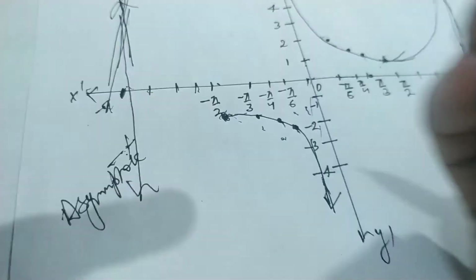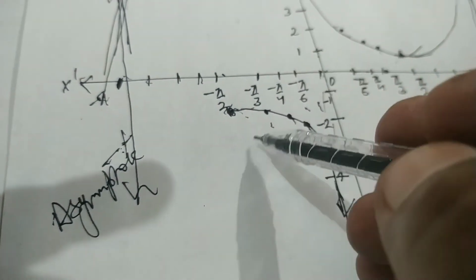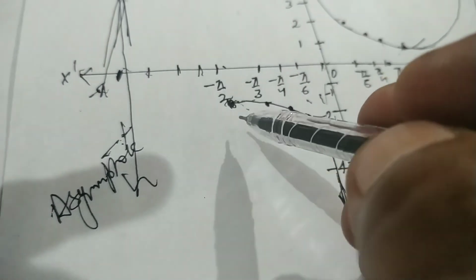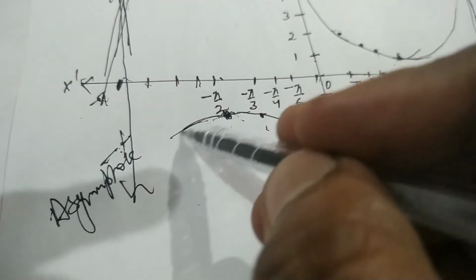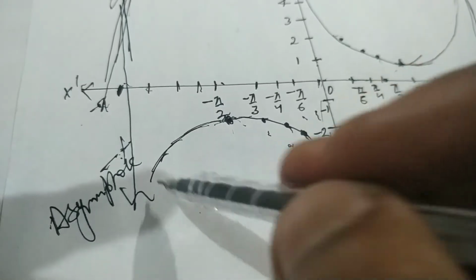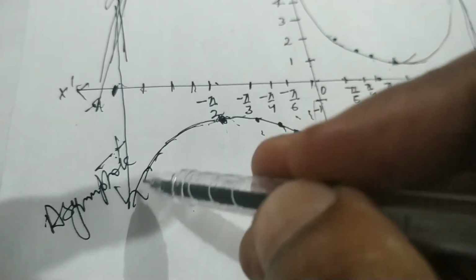This is the asymptote here, and near this asymptote the value will be increasing. It moves like this, and here again that is minus 5, this is minus infinity.